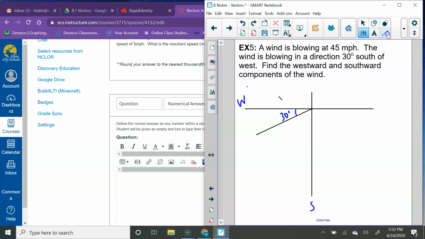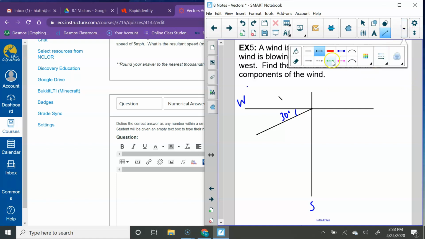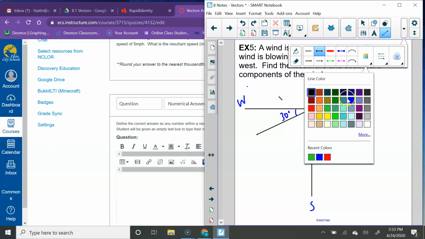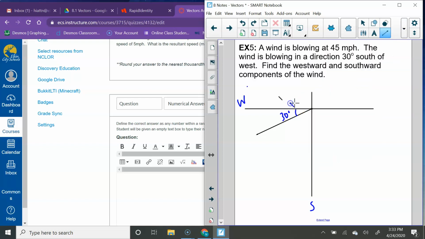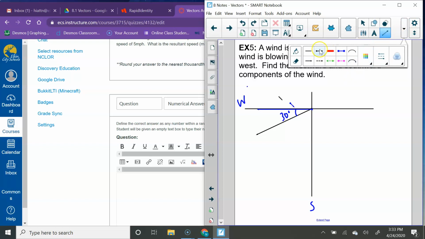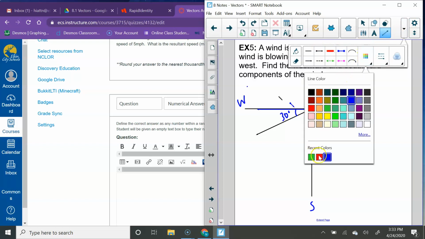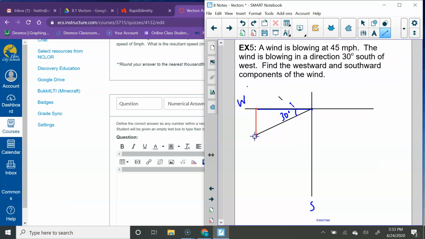And so what we want to know is the two components that make that up. If you had both components, you would have a westward component, and then it would also have a southward component, like so.